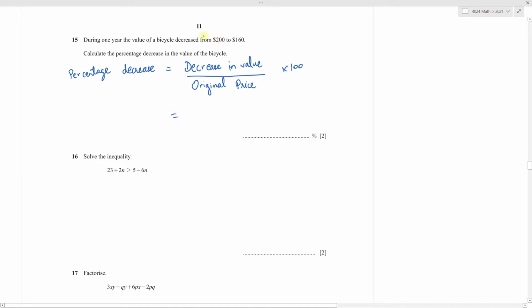So what is the decrease in value? It decreased from 200 to 160. So the decrease is $40. Original price is 200 and then multiplied by 100. So zeros cancel out. 40 divided by 2 is 20%.